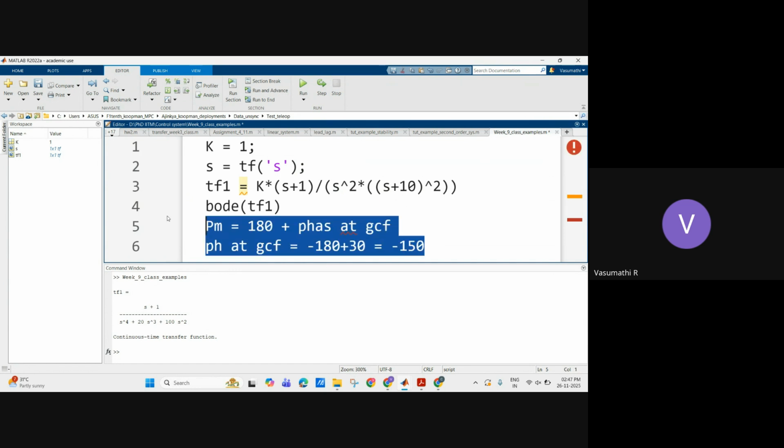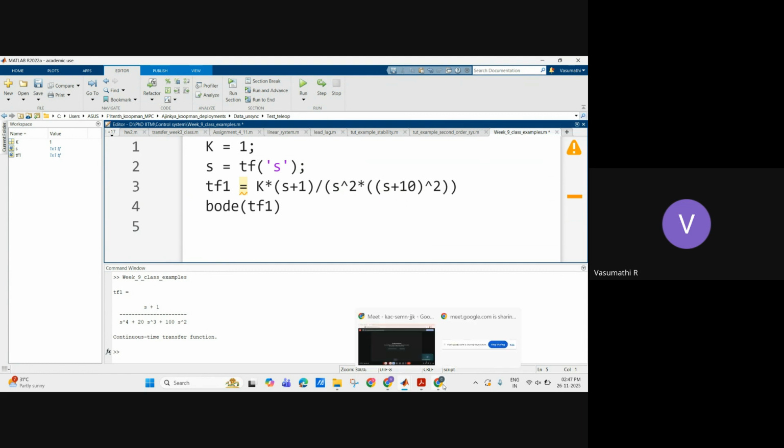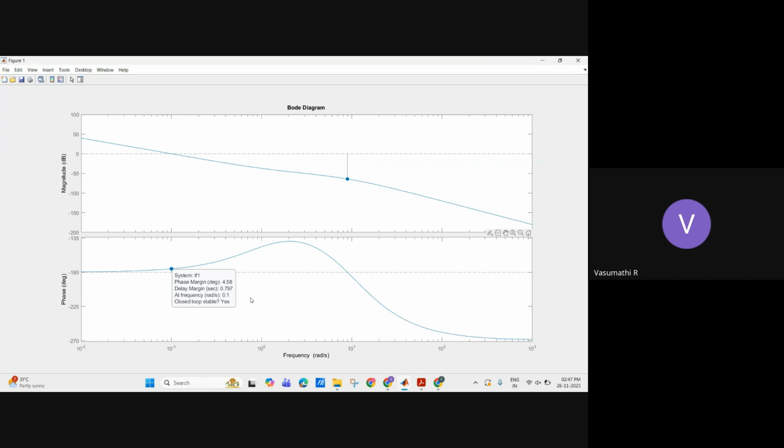Now we have to look at the magnitude corresponding to the phase, that is minus 150 degrees. Where will the minus 150 degrees come in the plot? Somewhere here, right? This is 180.